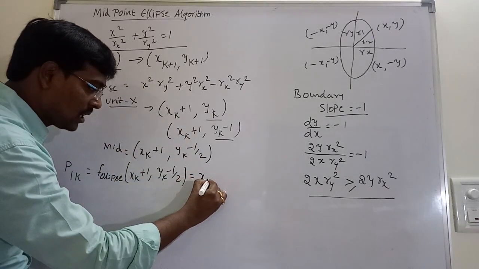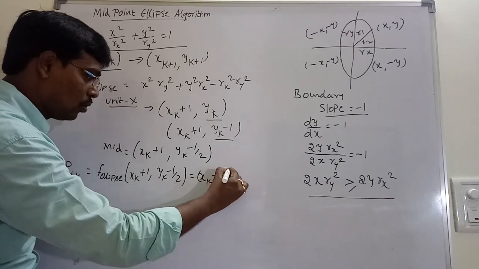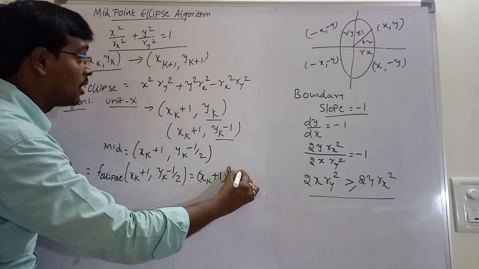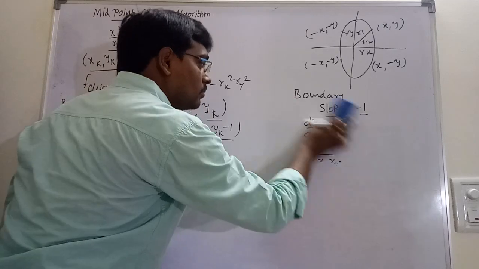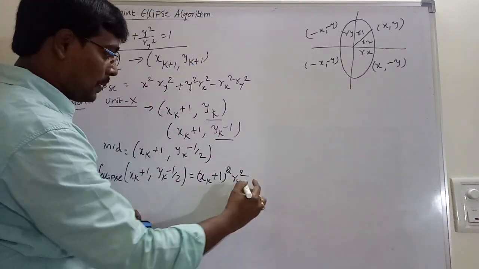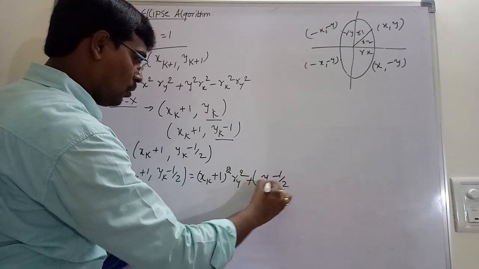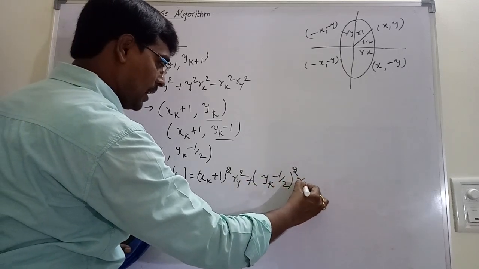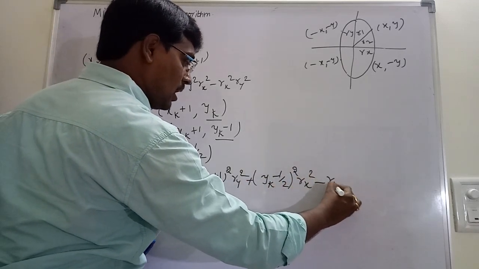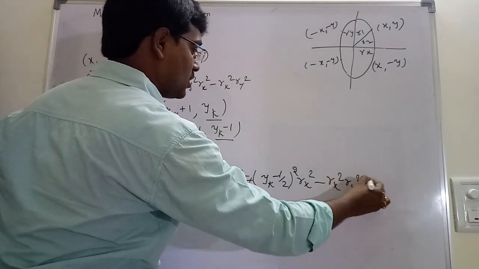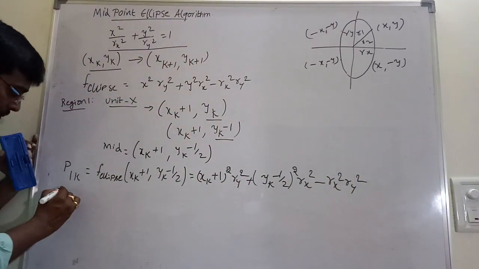So xk plus 1 whole square into ry square plus yk minus half whole square into rx square minus rx square ry square. This is the decision parameter.